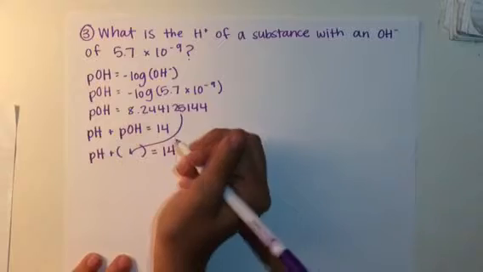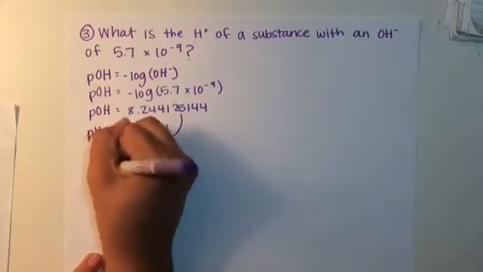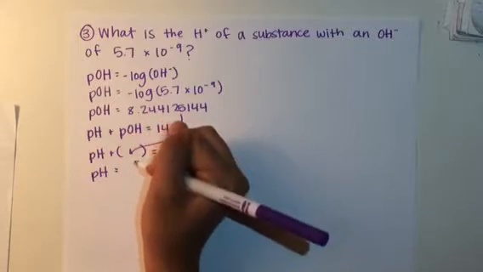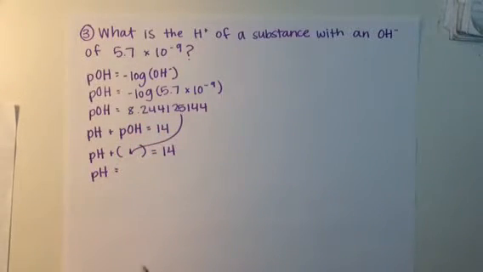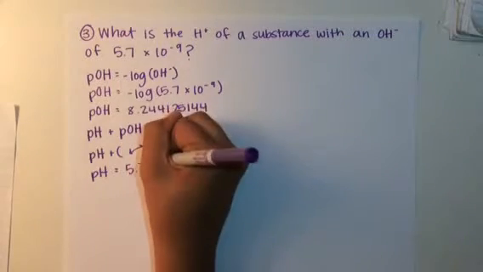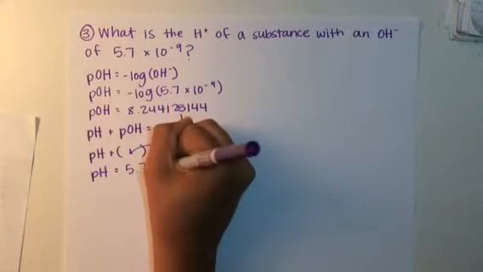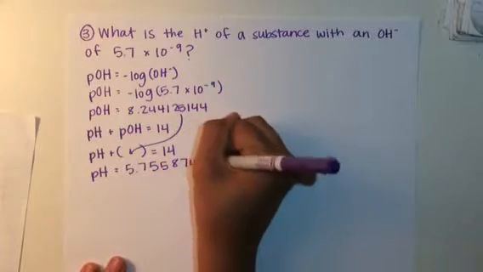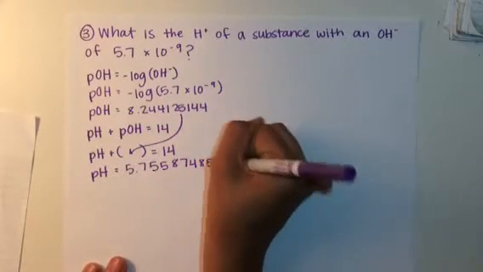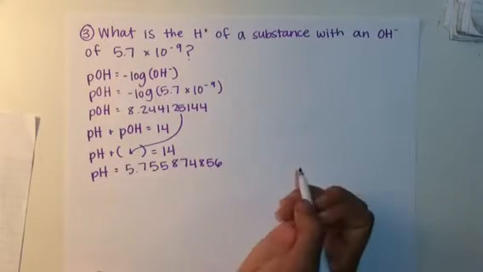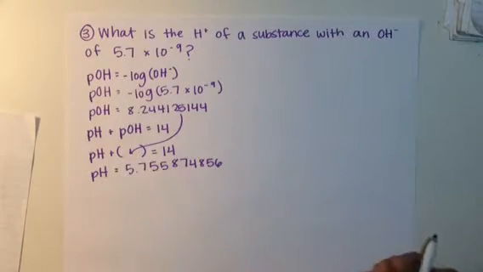So when we do the math for that, we would get pH equals 5.755874856.